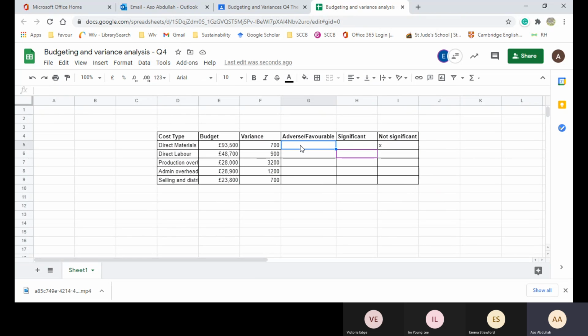So first of all, whether it is adverse or favorable, please tick it. Sorry, does the variance mean that they're all up by that amount? That's a really good question. We need the actual cost.